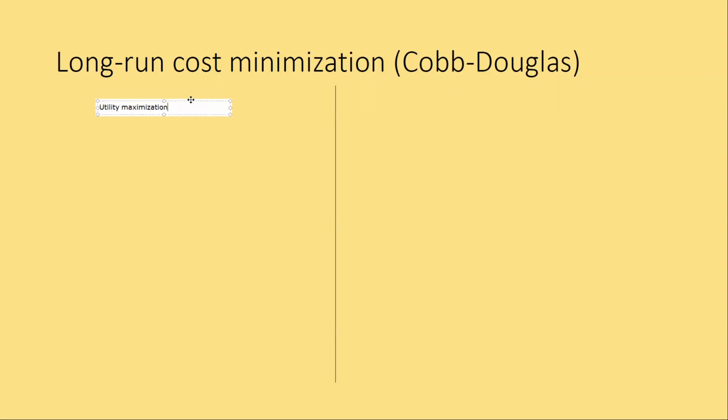On the left, I'm going to do the utility maximization problem for a Cobb-Douglas utility function. And on the right, I'm going to do a cost minimization problem. And I want to make a comparison between those two.